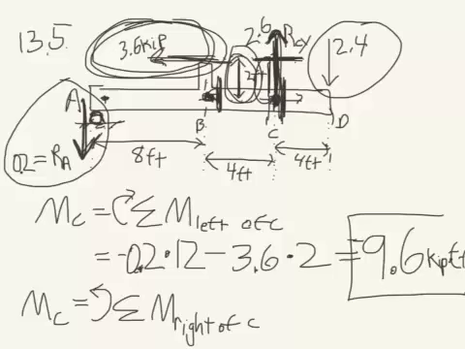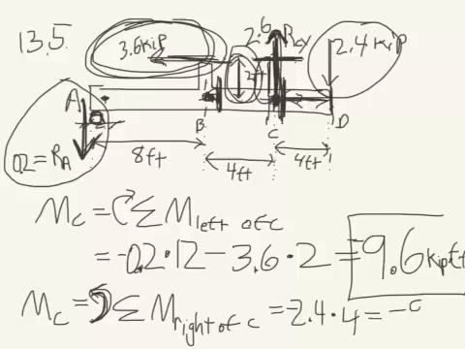So if we look to the right of point C, we see that 2.4 kip force at point D, and that's negative because it's not a counterclockwise moment. So it's that 2.4 negative times the distance of that force from C, which is 4 feet. And that's also negative 9.6. So reasonability check, I think we did it right, because we got the same answer summing up from the left and summing up from the right.